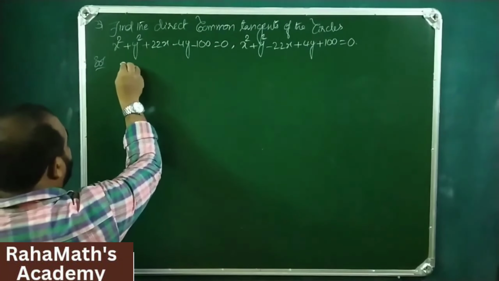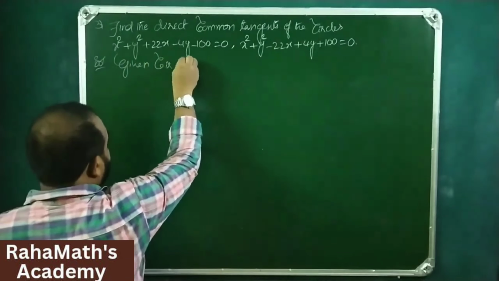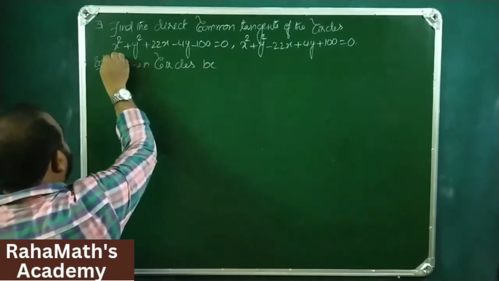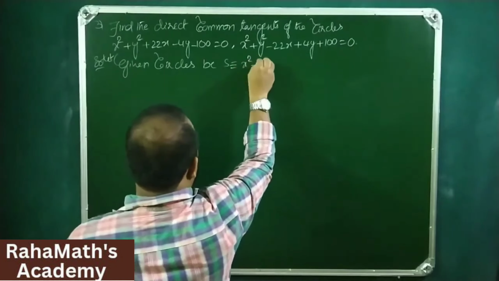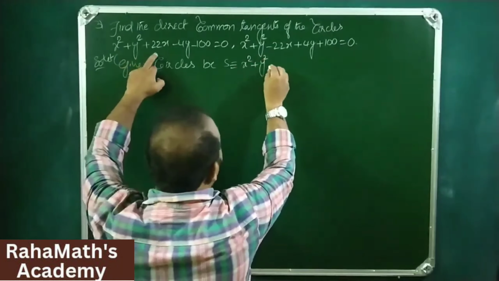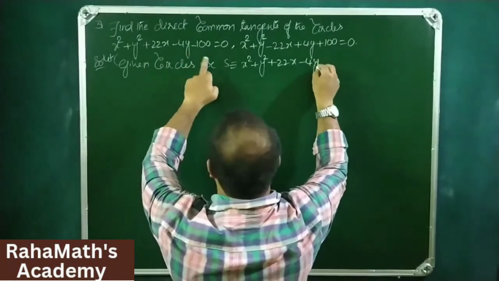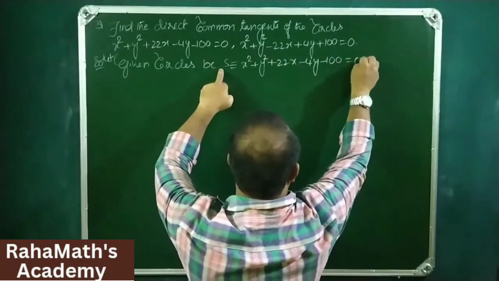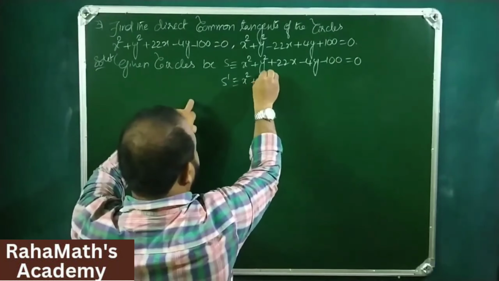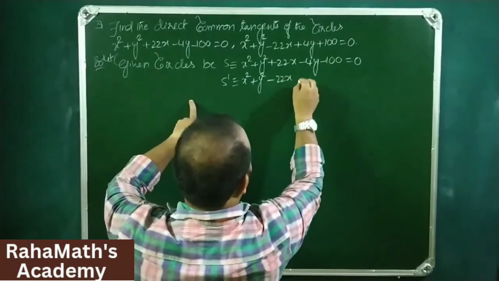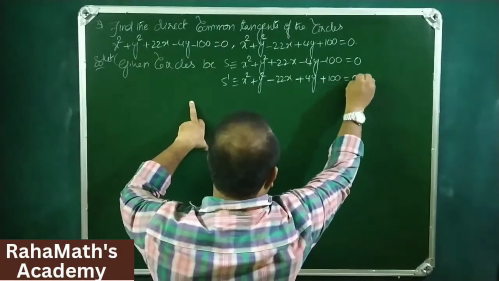So let the given circles be S: x square plus y square plus 22x minus 4y minus 100 equals 0, and S dash: x square plus y square minus 22x plus 4y plus 100 equals 0.